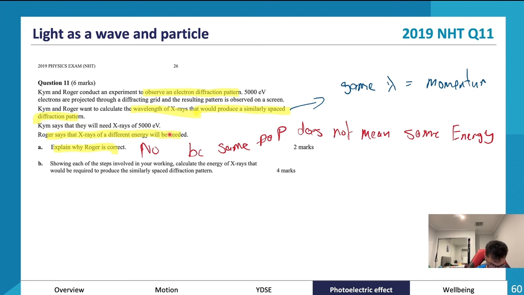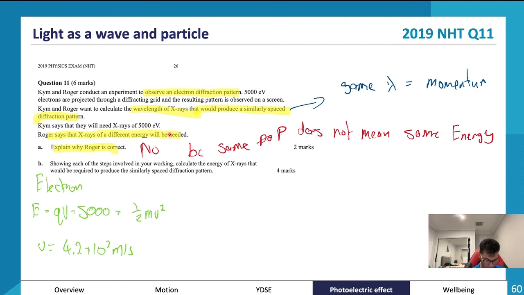So for the electron, the energy is equal to QV, which is equal to 5,000, and this is equal to half mv squared. We know the mass of the electron, so solving for velocity will give us 4.2 times 10 to the 7 meters per second. And a quick reality check, this value is less than the speed of light, so we've done something right. We haven't completely messed up this question.